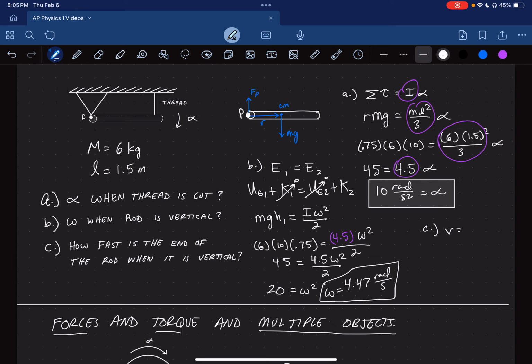Part C, v is equal to r omega, which, yeah, we do want the end of the rod, so r is the length times omega, so that is 1.5 times omega, 4.47. V is equal to 6.7 meters per second.